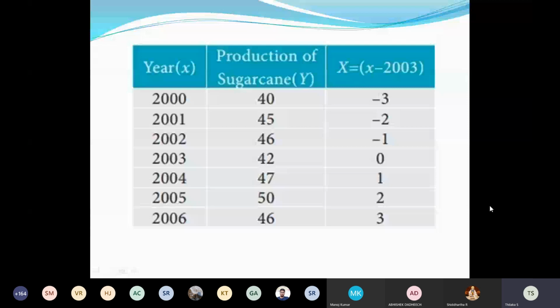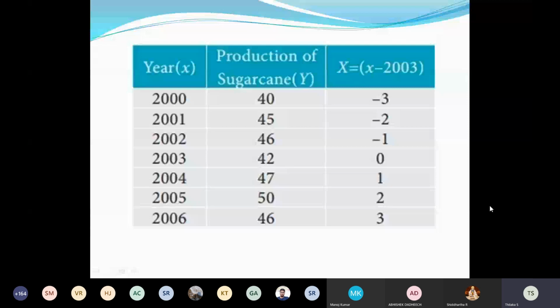It starts from 2000, so 2000 minus 2003. The heading of the column says capital X, the time period, is equal to small x minus 2003. Here small x refers to the year which was given. So for 2000 it is minus 3, 2000 minus 2003 is equal to minus 3.